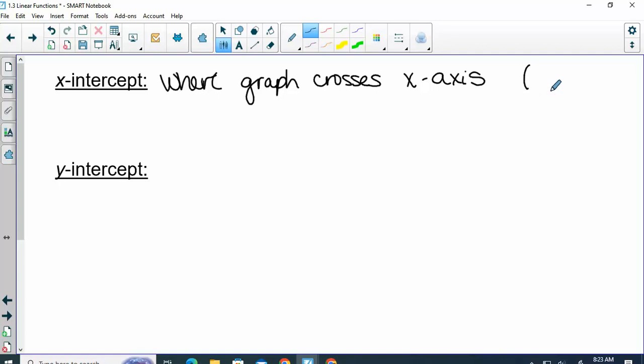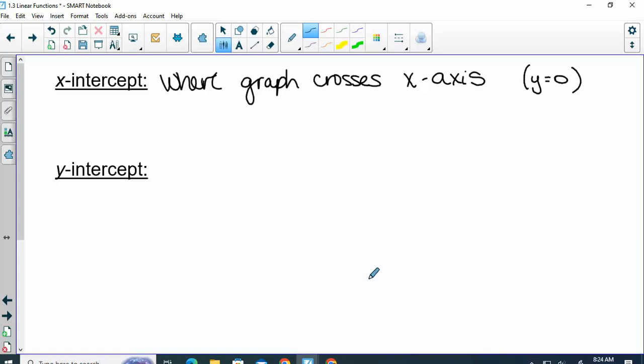What is true about every single point on the x-axis? Y equals 0. Mm-hmm. So to find those, what you're doing is plugging in a 0 for the y, and then solving for x. When you write them as an ordered pair, you'll have whatever number you get, comma, 0, because the y value is always 0.